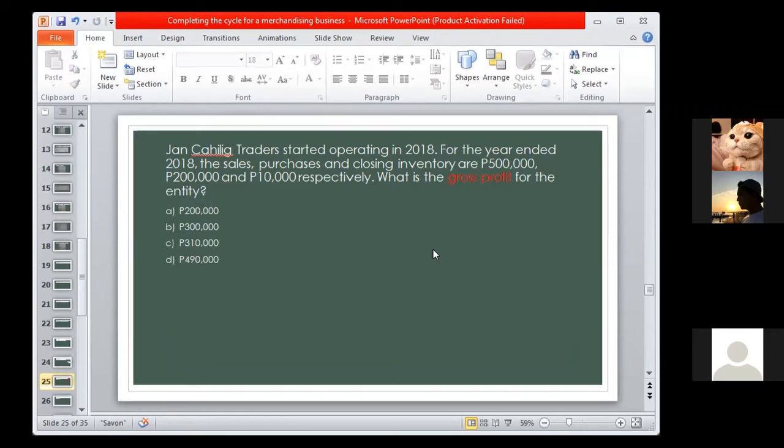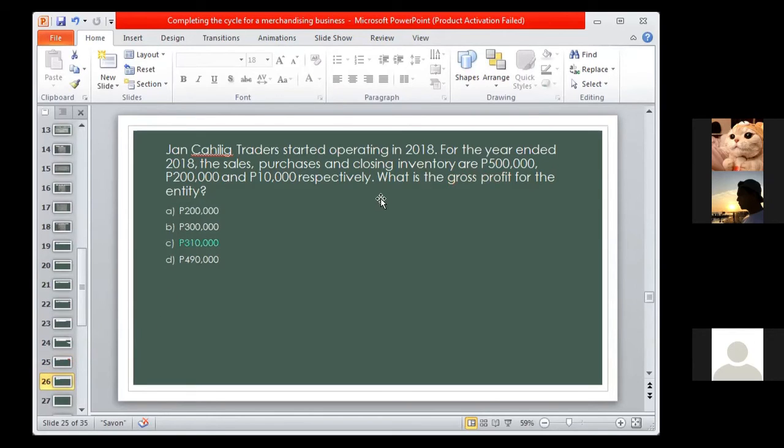Kinukuha natin dito is gross profit. So, anong formula ng gross profit? Dali lang, di ba? Nakuha na natin yung cost of sales kanina. Tingnan natin kung tamang sagot.